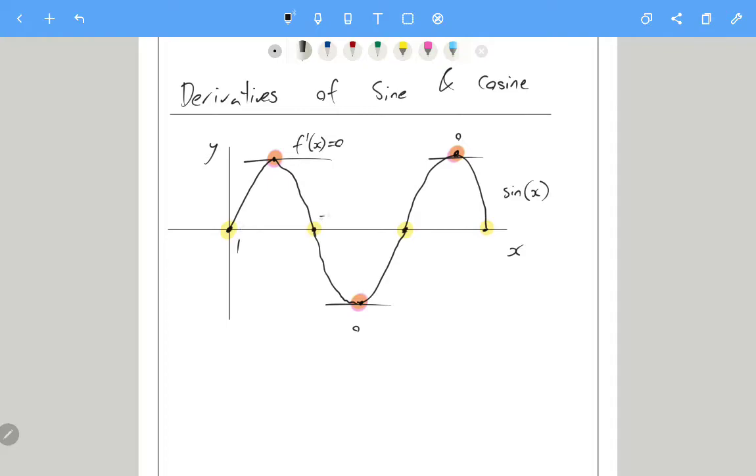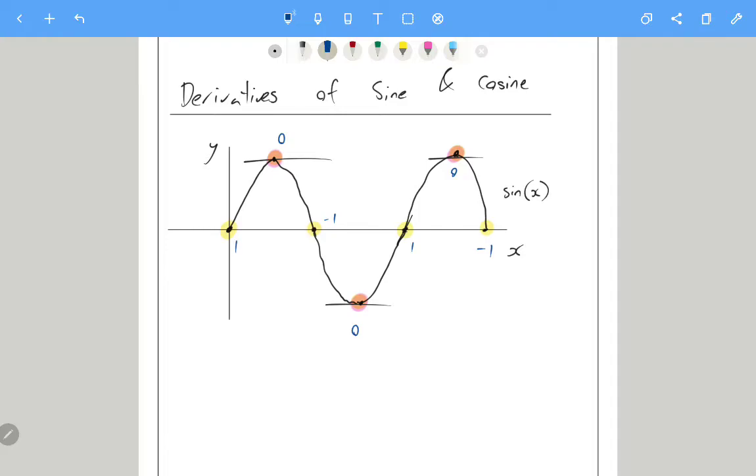Similarly here, the gradient would be -1, same angle going down. So the gradients, in order, would be 1, 0, -1, 0, 1, 0, -1, 0, 1.